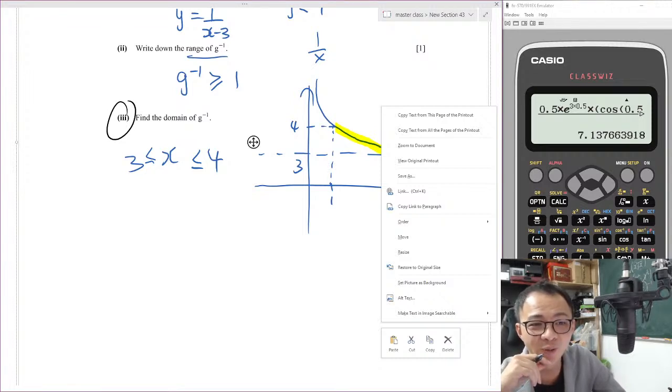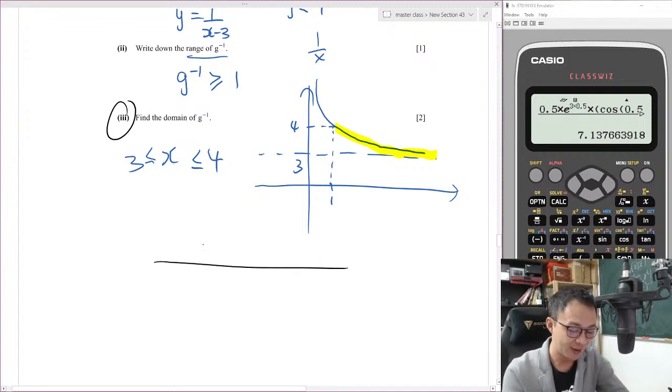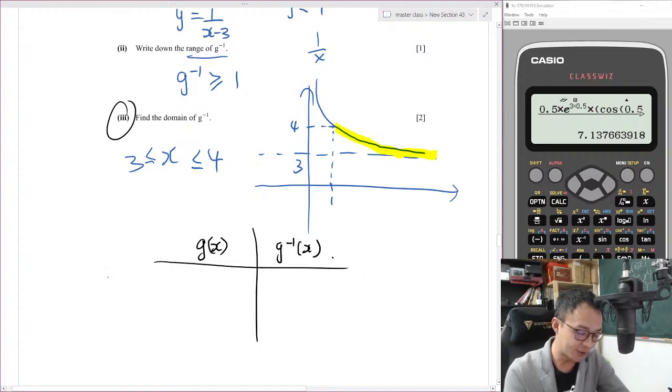When do you use x and y to write the domain and range? You can go check out my domain and range video, but what I can tell you is, let's say this is gx, this is g inverse x. For domain and range, they are opposite, right? I'll give you some examples here.